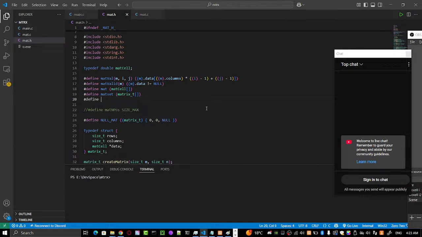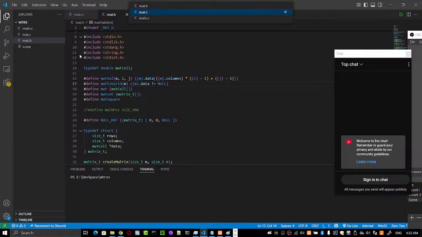So we define matrix is square, or just square. I will replace this with is, right?